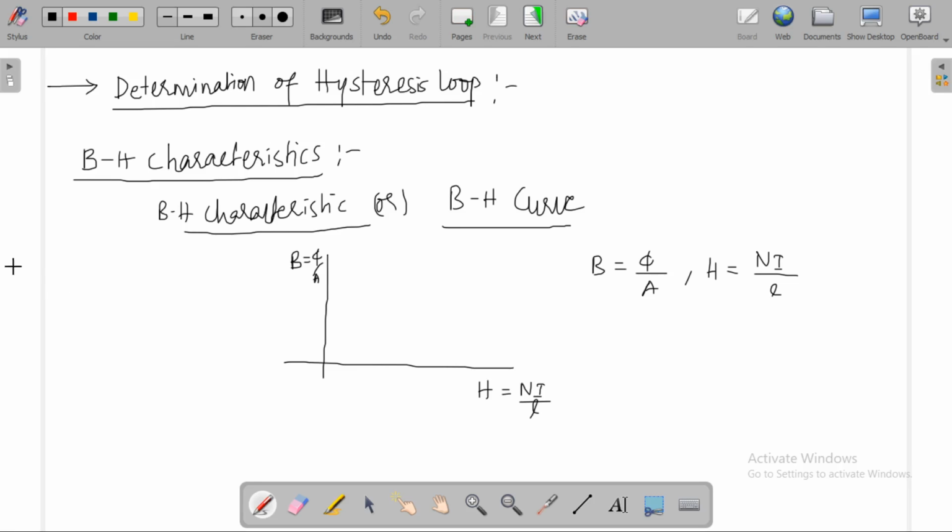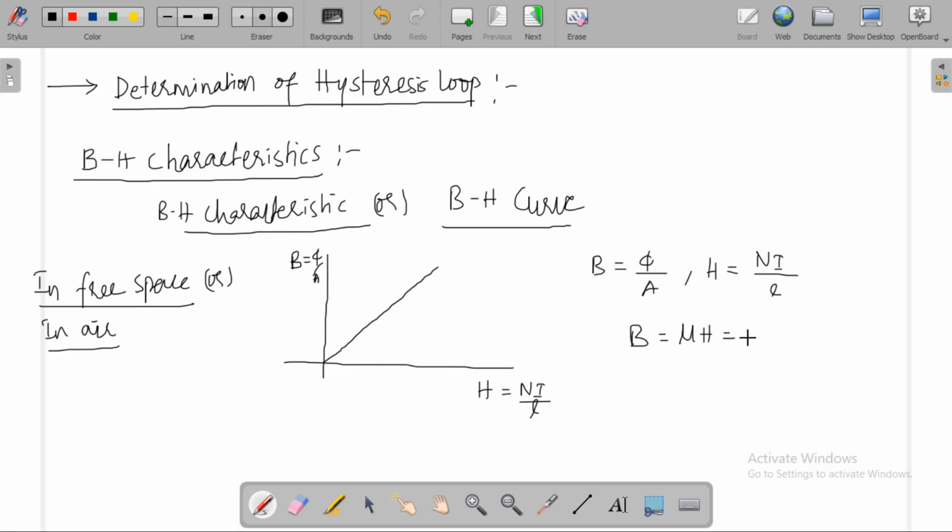In free space or in air, what will this curve be? The BH curve will be linear, because B is equal to mu H, which is equal to mu naught mu r H. In case of air, mu r is equal to 1.